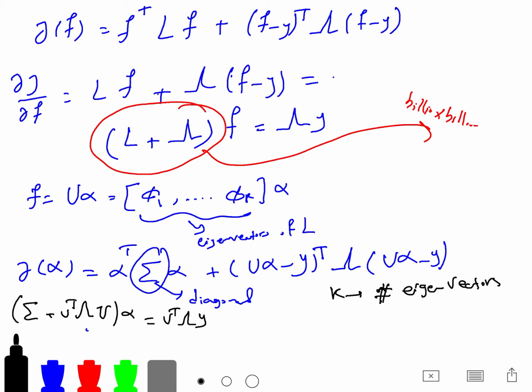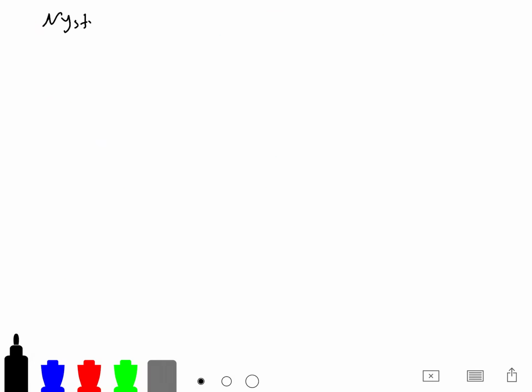But the problem still remains, because how do we find eigenvectors if n is huge? So we have changed the problem of diagonalizing an 80 million by 80 million matrix into finding eigenvectors of L. A trick by Nystrom to deal with these kinds of complexities is to just pick a small set of points.